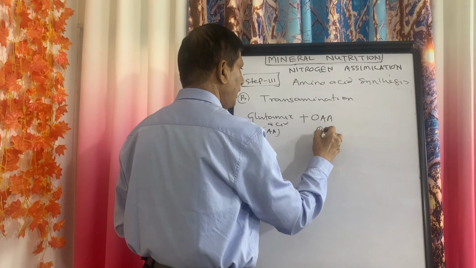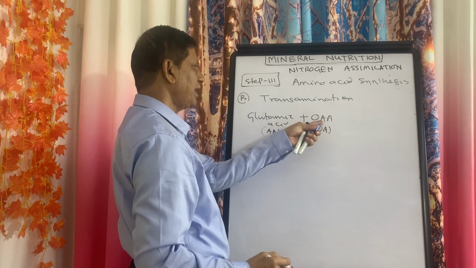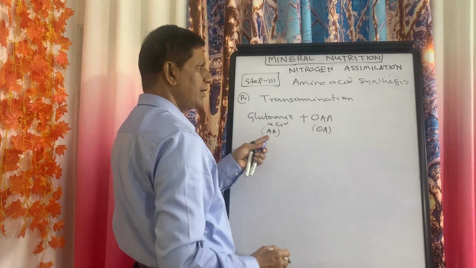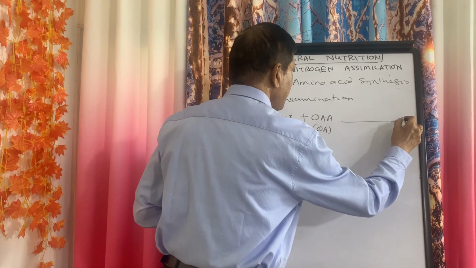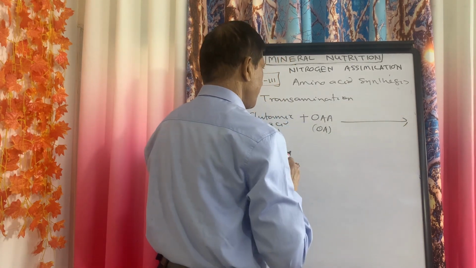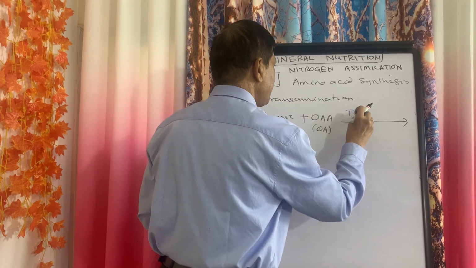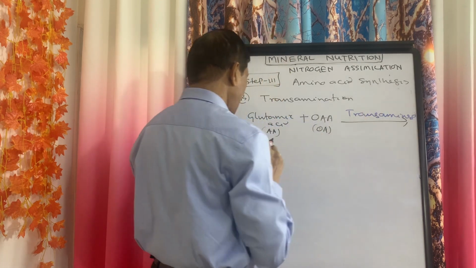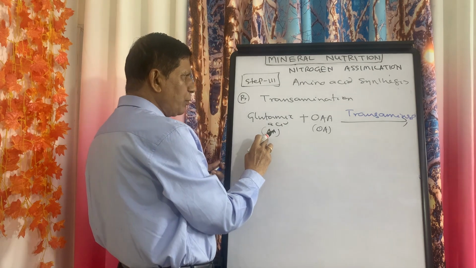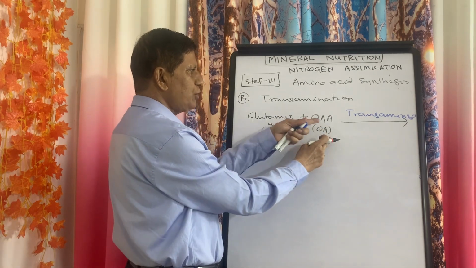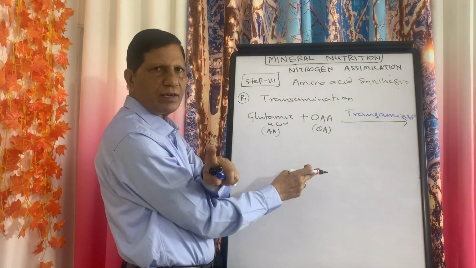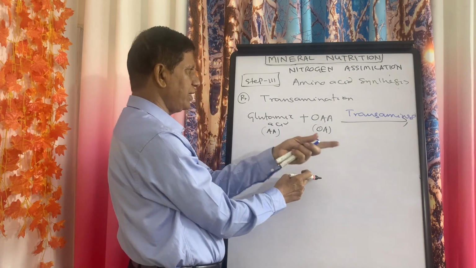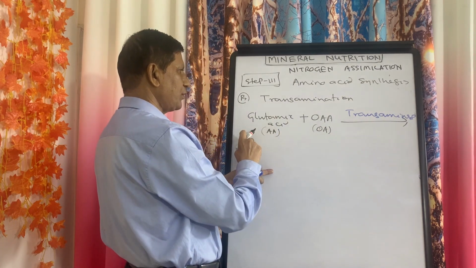This is organic acid. This is amino acid. Now, in presence of the enzyme transaminase, what will happen? The amino group will be shifted to this. So this will be converted to the corresponding amino acid, and the keto group will be transferred to this group.